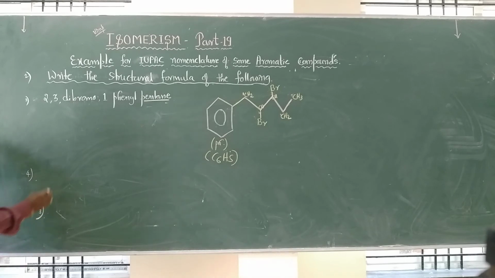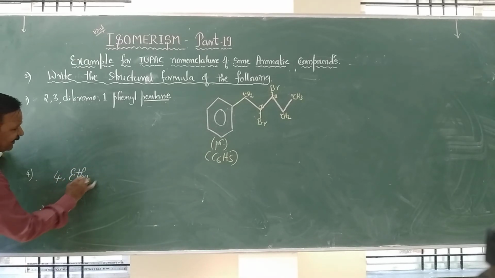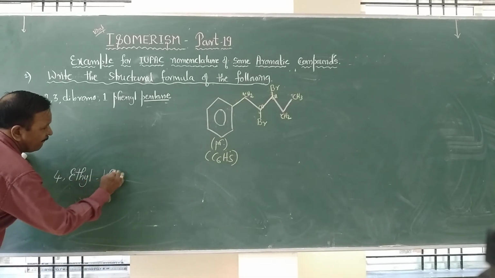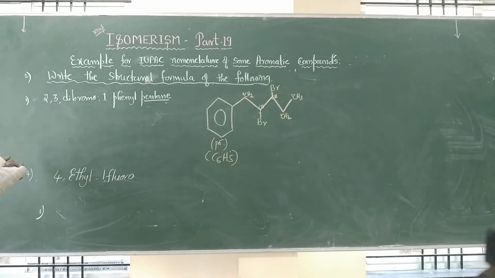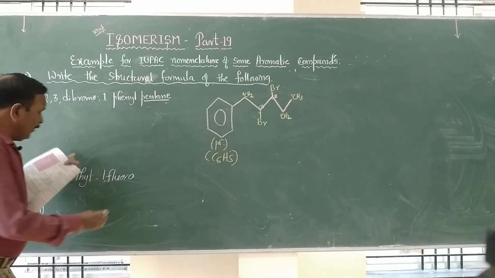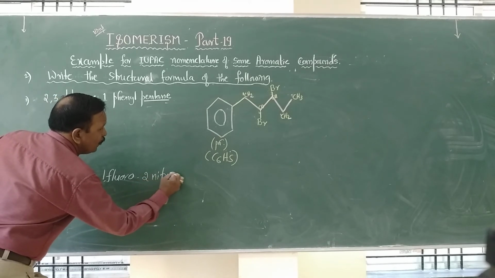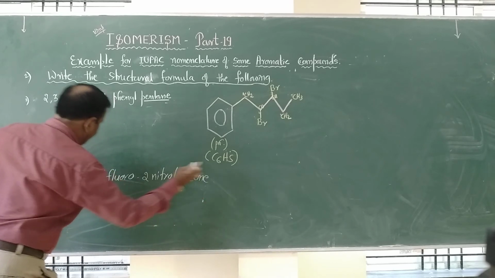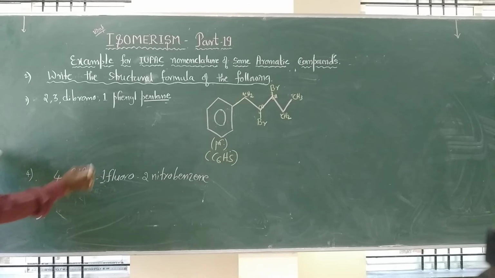And then the last one, very simple, 4-ethyl-1-fluoro-2-nitrobenzene. So for 1-fluoro, E comes first, F comes afterwards.